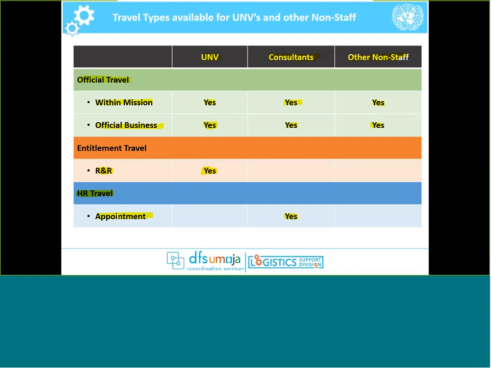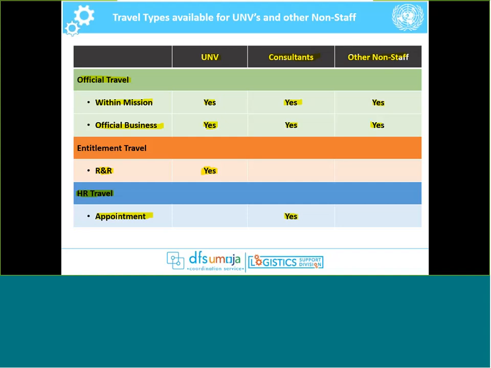All right, and then here in this WebEx, we are focusing on the new traveler categories that we are implementing within this project. So for example, we have a question regarding international staff. Somebody in the chat is asking about international staff and the R&R and the official business.